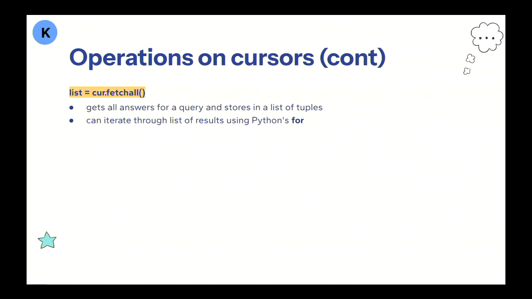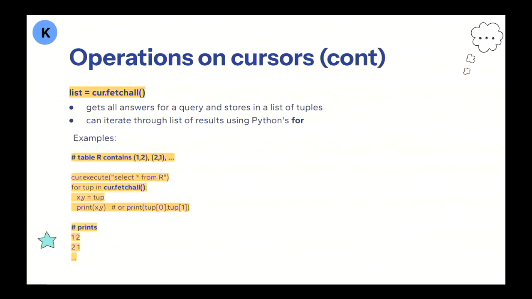The first one is called fetchall. It will collect all answers for a query and store them as a list of tuples. And we can use a for loop to iterate through the list of results here. So this is an example.